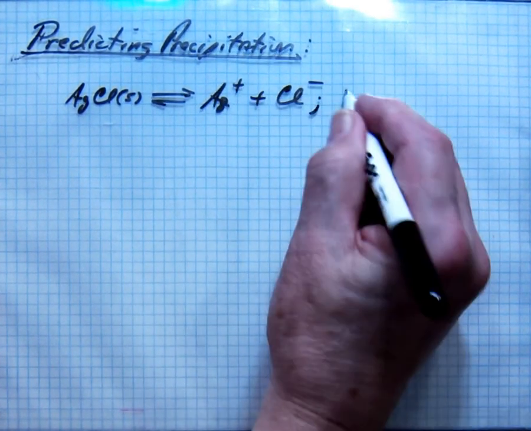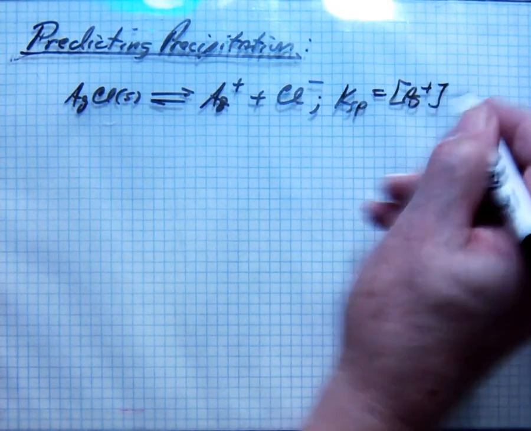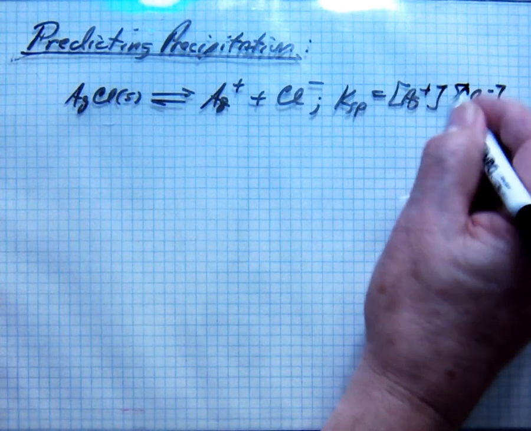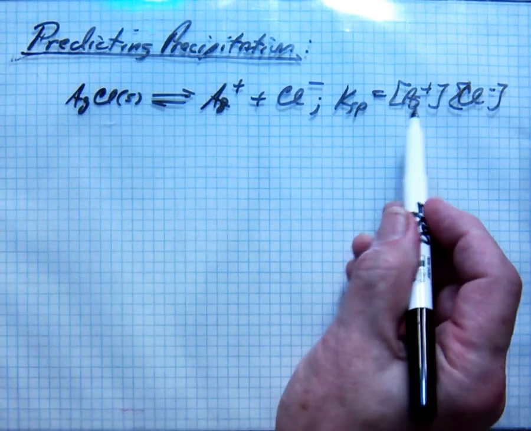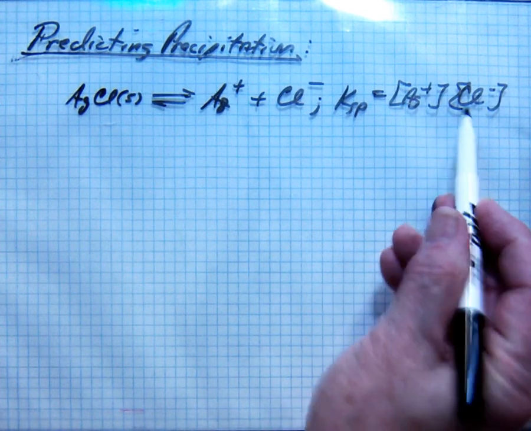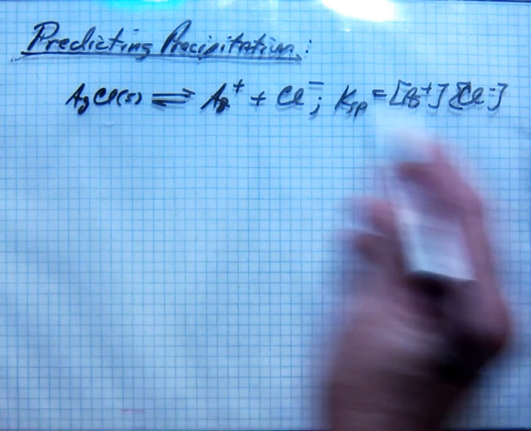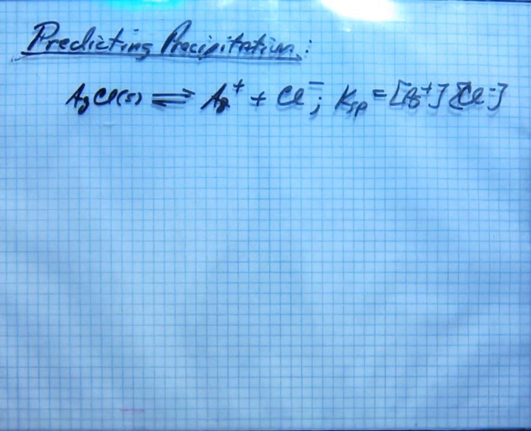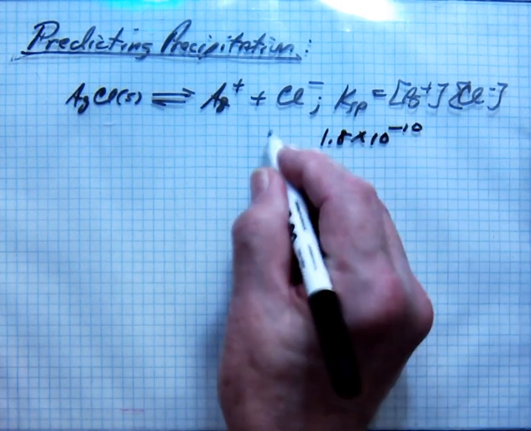And the KSP expression is silver and chloride, as you know now. The concentrations of silver and chloride, say, hypothetically, are such that when you multiply them together, you get a KSP number, 1.8 times 10 to the minus 10th. That's KSP.